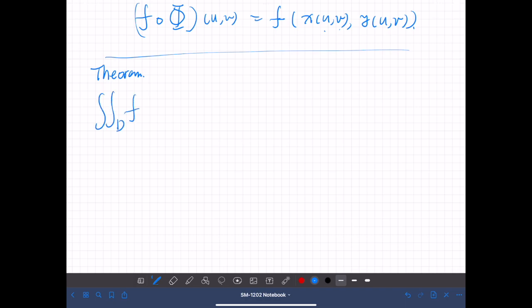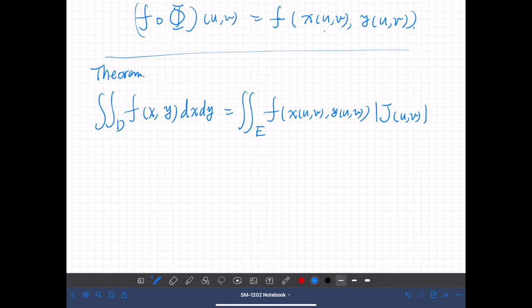If we want to calculate this integral in terms of variables u and v, we need this. And this J(u,v) is the Jacobian, the determinant of the Jacobian.